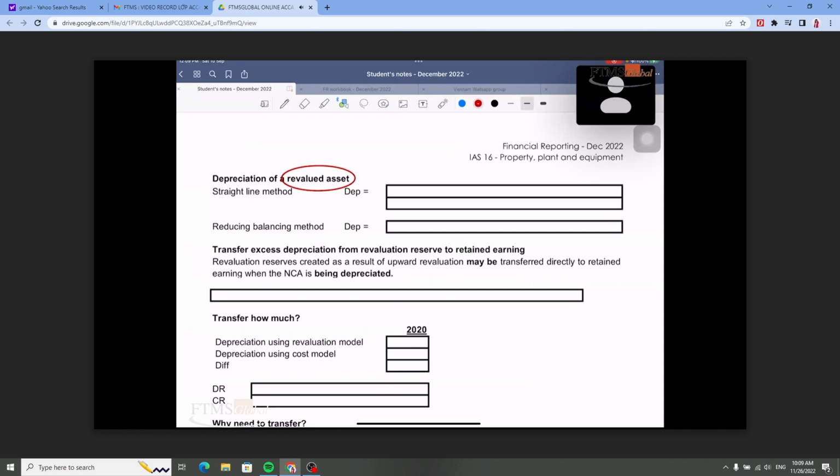So depreciation, how will you do it? Nothing special. Normally, for depreciation, we use cost minus scrap divided by useful life, correct? So of course, now I do not use my cost anymore. After I do my revaluation, obviously, I will not use my cost anymore. I will use the fair value at date of revaluation, then minus any new scrap value, if any.